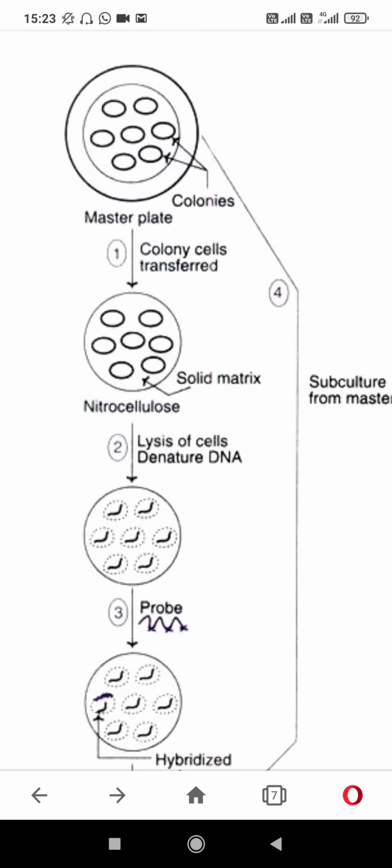Lysis means lysis of the cells, so that all the protein contents will be removed. The DNA will be denatured by suitable alkali treatment, and also allowed to stick to the nitrocellulose membrane.